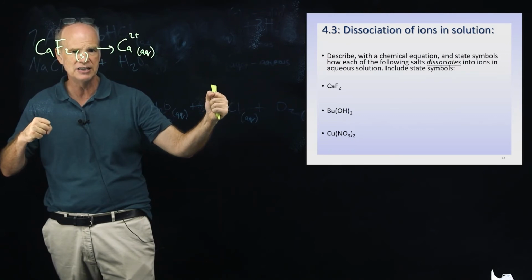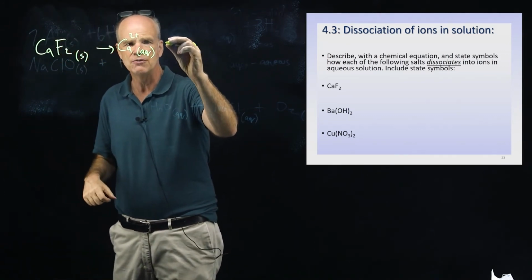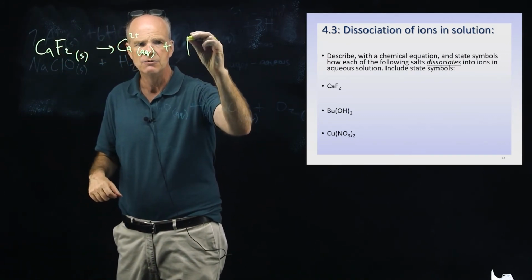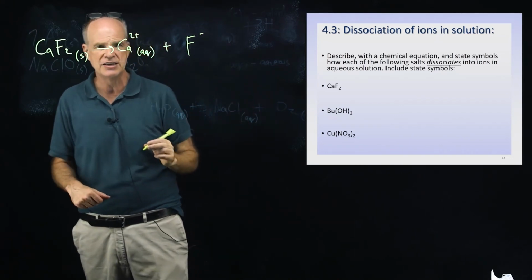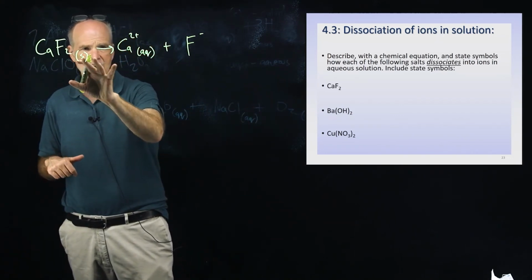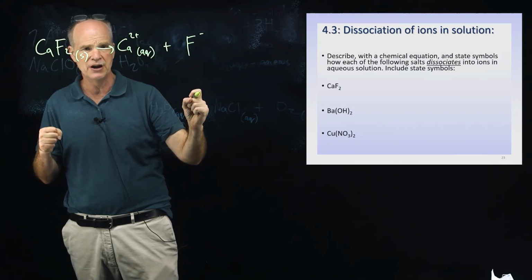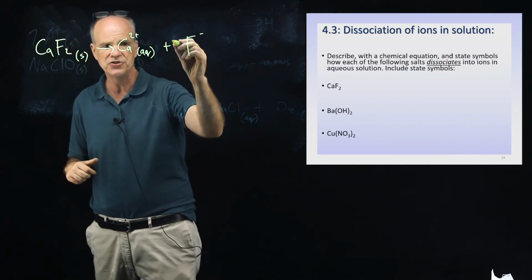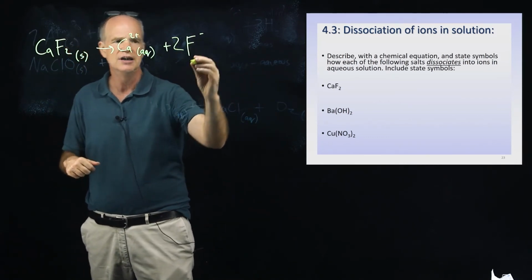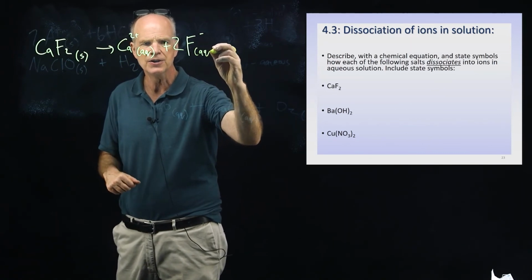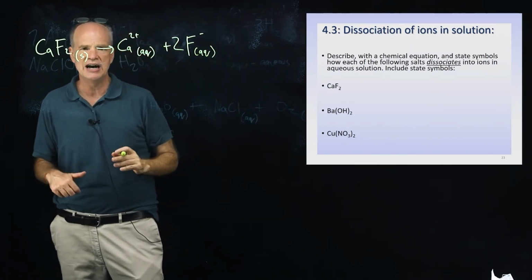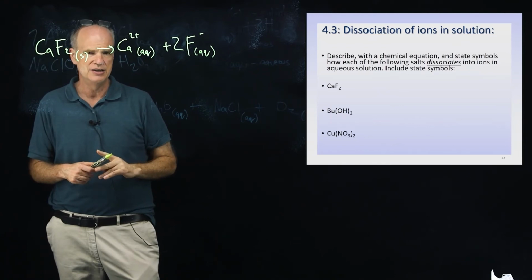And so we have to indicate that. So we indicate we have fluoride ions, each with a negative charge, and we have to balance this and show that the two fluoride ions separate from each of these calciums. So we put a 2 here, and then we write an AQ here to indicate that these ions are dissociated into the water.